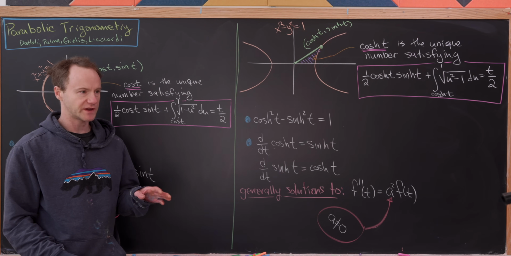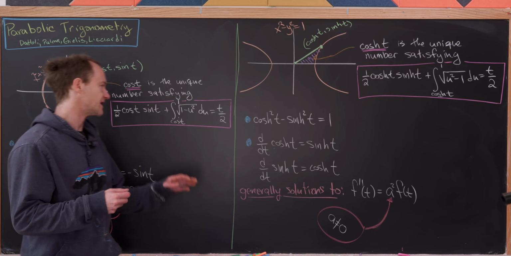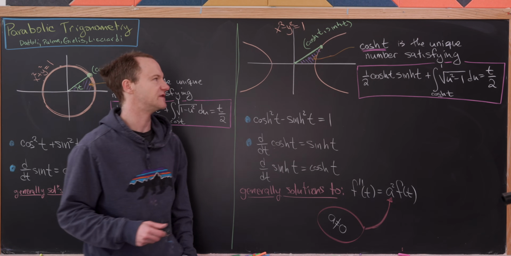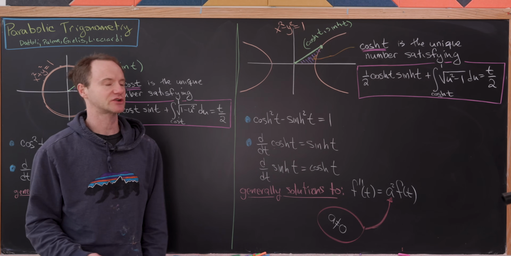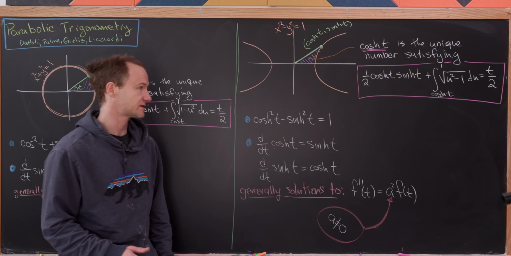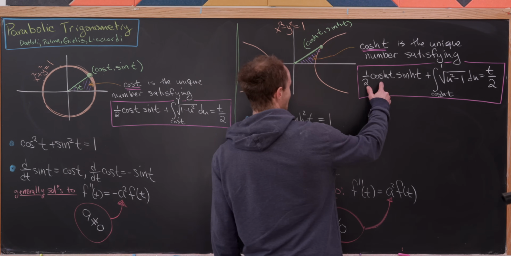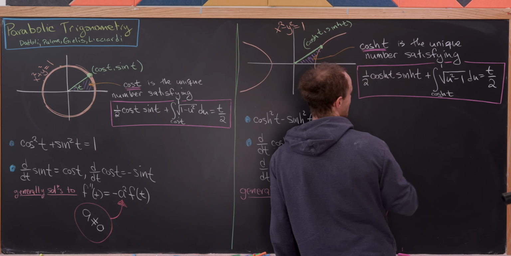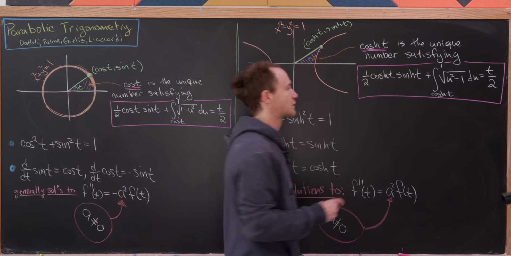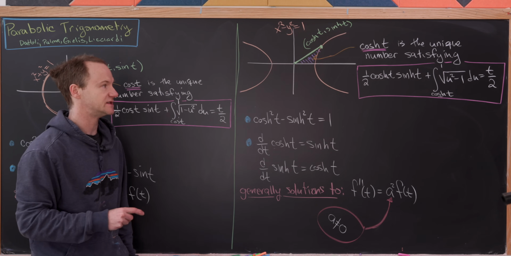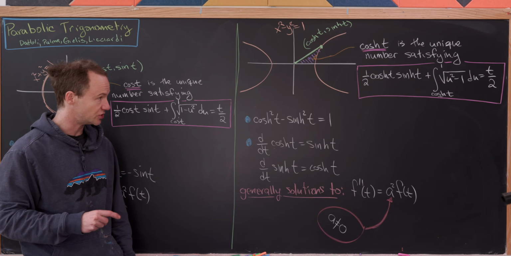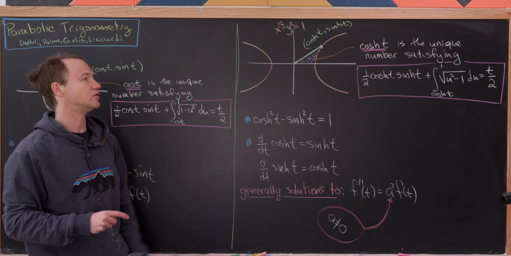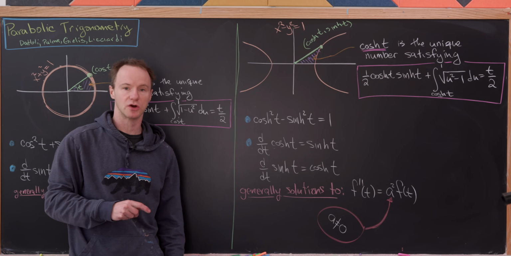And then furthermore, we could have the same sort of area definition that we had with cosine that we get from measuring the area of this, maybe I'll call it a sector of the unit hyperbola, two different ways. So here we have half hyperbolic cosine times hyperbolic sine plus the integral from hyperbolic cosine up to 1 of the square root of u squared minus 1 du equals t over 2. Okay, great. And like I mentioned, that uniquely defines the hyperbolic cosine.